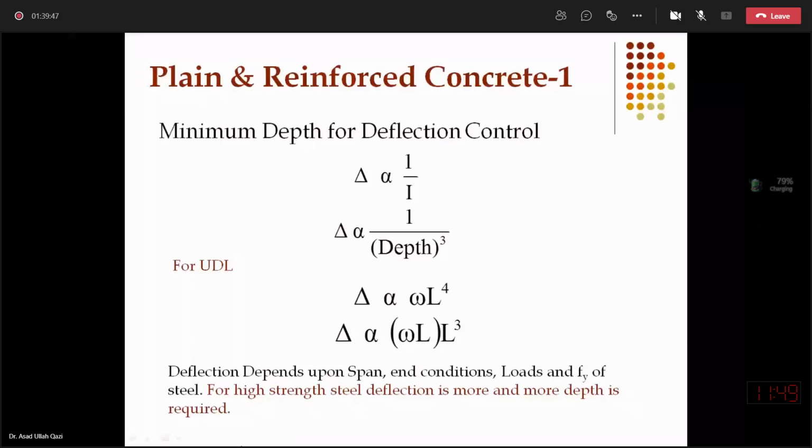So this is an important statement: if a beam is reinforced with grade 300 steel, that needs relatively less h as compared to a beam which is reinforced with grade 420 steel. So for grade 420 steel, you will provide more depth to control the deflections, and this will be our point of discussion.